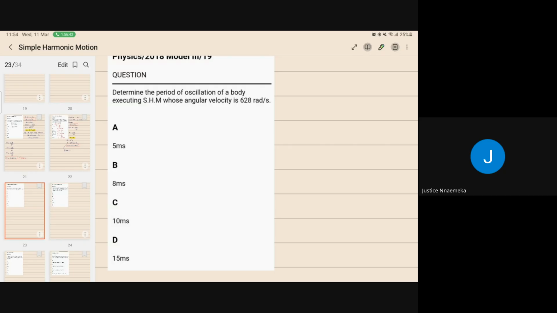Later, you can try more questions on your own. So let me see if I will meet up with the number of questions we have right here. When you are watching the recording, you understand it better, and then you could repeat the solving.